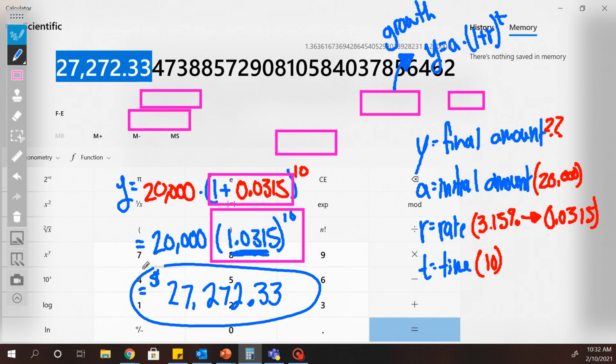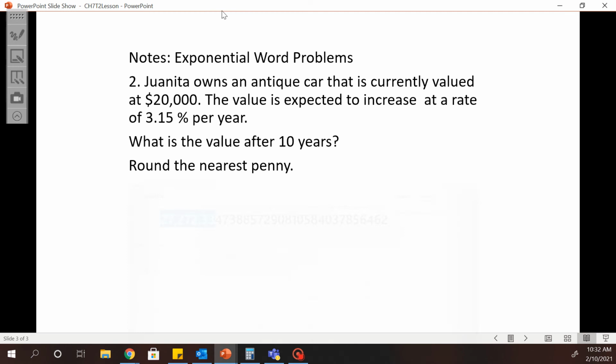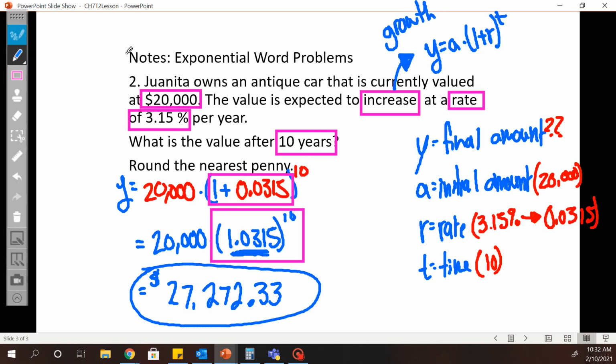Not bad. It's better than what a car would usually do, and a car usually depreciates in value. So increasing in value is better for Juanita.